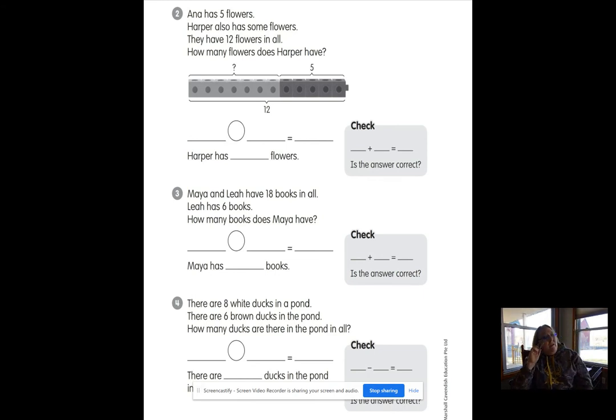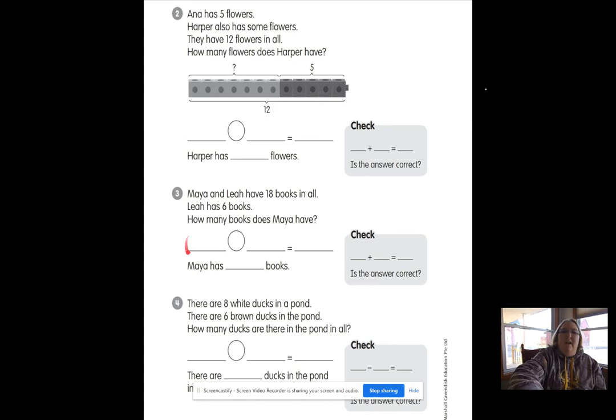All right. Number 3, Maya and Leah have 18 books in all. So all together. Leah has 6 books. But how many books does Maya have? We're going to have to break them apart so that we can figure out how much Maya has, because we know what Leah has.